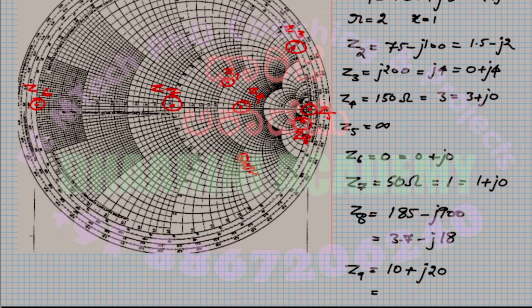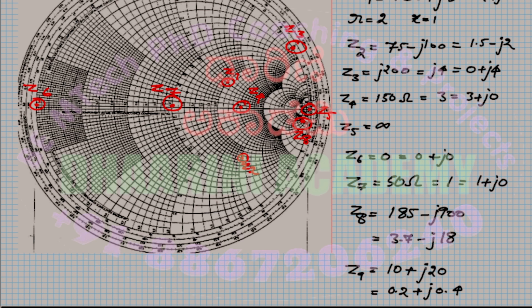So 10 by 50, 1 by 5, that is 0.2, I guess, correct? Plus, what is 2 by 5? 0.4. So let us try to find out this point.